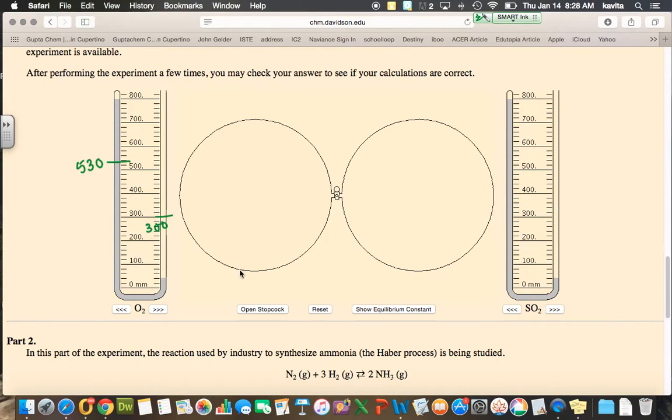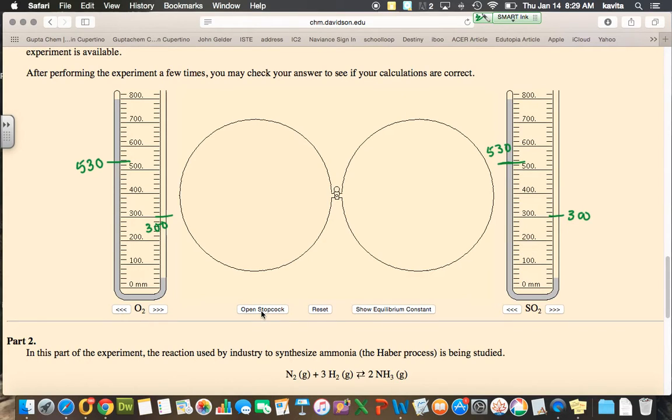That's how much oxygen was present in this bulb. And on the other side bulb, the same amount of sulfur dioxide was present. So 530 on this side and 300 over here. So that's how much sulfur dioxide is present.